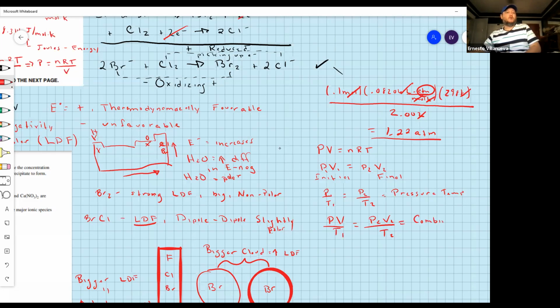This one is when moles are constant, so moles equals constant. This one is when volume is constant, meaning volume doesn't change. And this one is when temperature is constant, meaning temperature doesn't change.